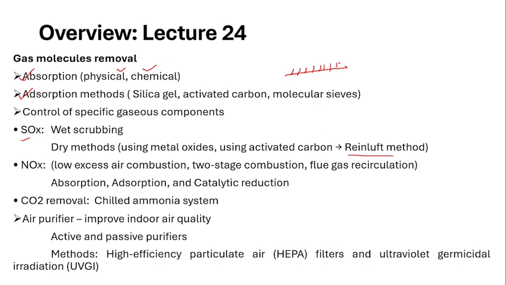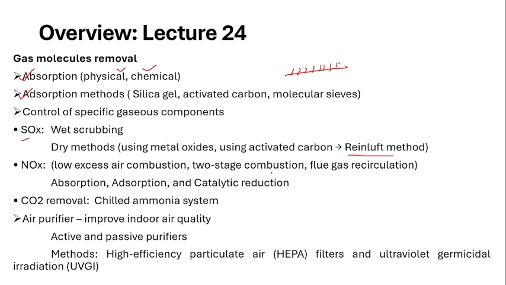Okay. Next is the NOx removal. To control the NOx emissions, first of all, we have to control the parameters of the combustion. For that, they suggest the low excess air combustion process, using a smaller amount of air, so that less nitrogen reacts with the oxygen and less NOx is produced.